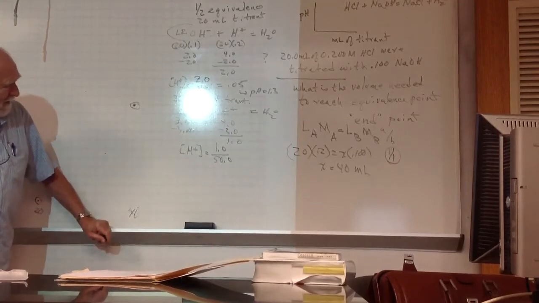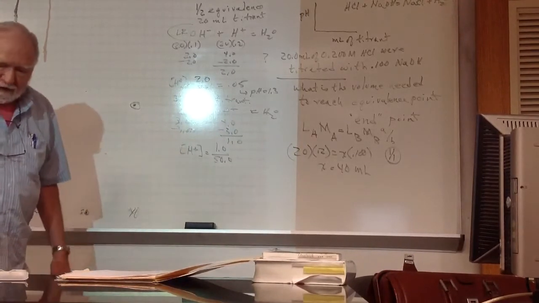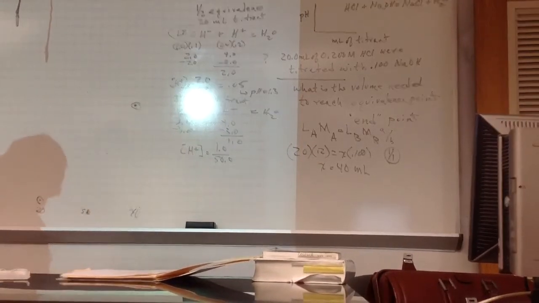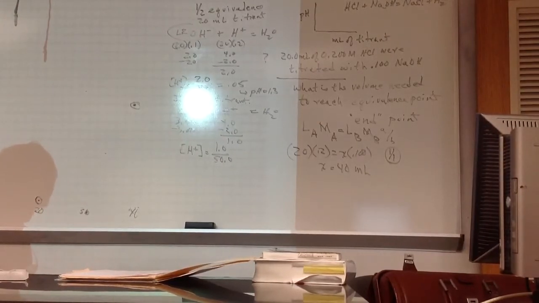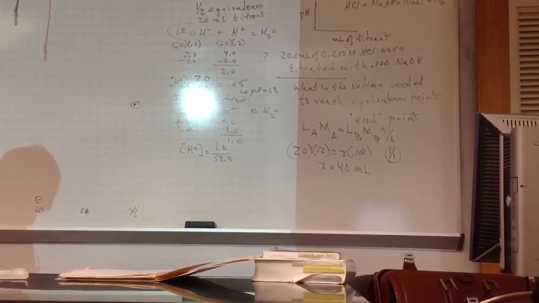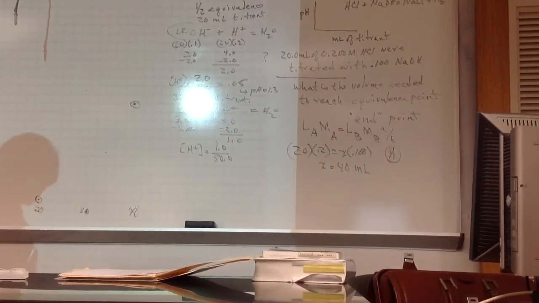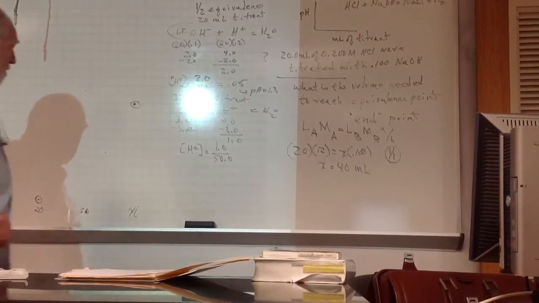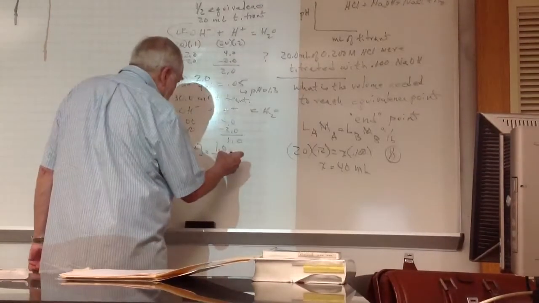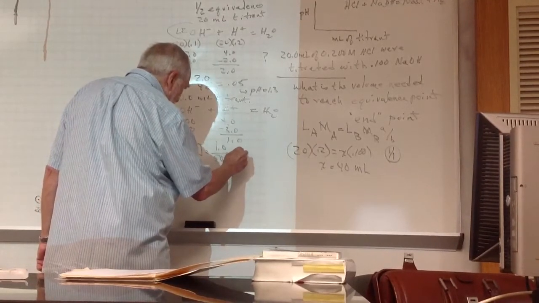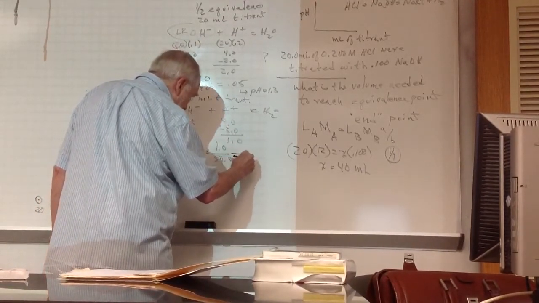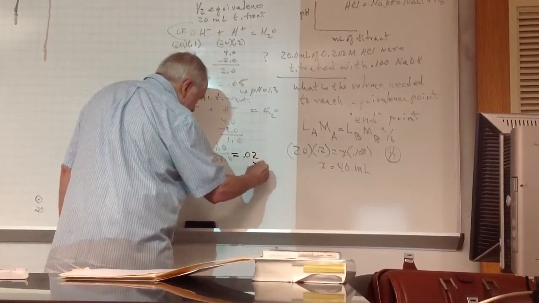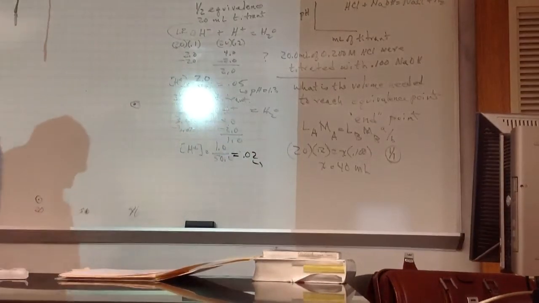Okay. So down here I have 1 millimole left. I'm dividing by 50. It says 0.02 molar. And I take my pH because that's the hydrogen ion.